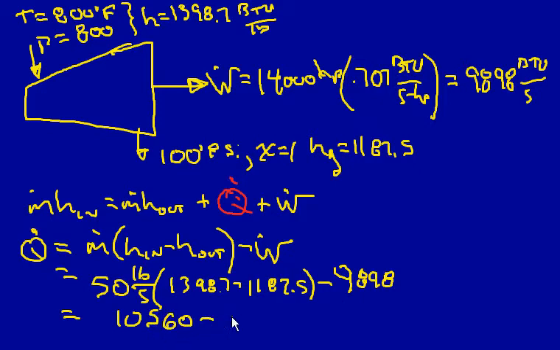Calculate that, minus 9898, and you'll get the heat loss that must have been leaving the turbine, which came out to 662 BTUs per second. So that takes care of question 1.